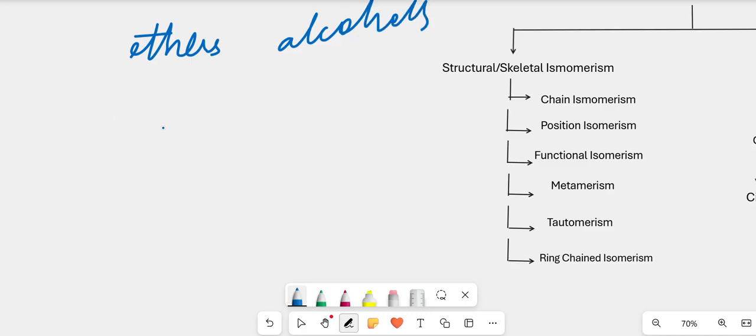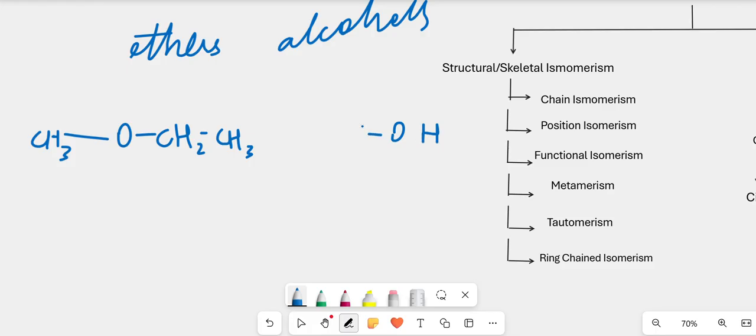Let's take an example. You have an ether with an oxygen, CH2, CH3, and this. So this is a compound of ether. And you have an alcohol, let's say you have OH. We have three carbon atoms, one, two, and three.